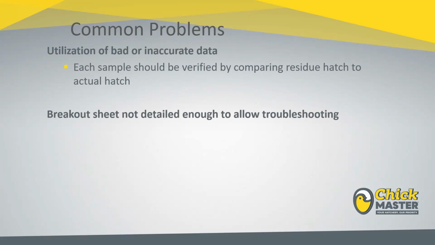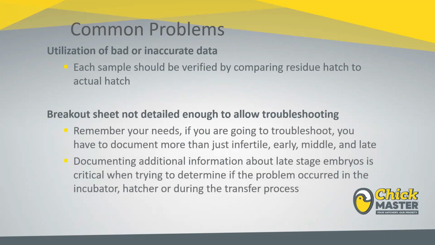Breakout sheet not detailed enough to allow troubleshooting. Like we talked about earlier with the breakout sheet, remember your needs. If you're going to troubleshoot, you have to document more than just infertile, early, middle, and late. Also, documenting additional information about late stage embryos is critical when trying to determine if the problem occurred in the incubator, hatcher, or during the transfer process.